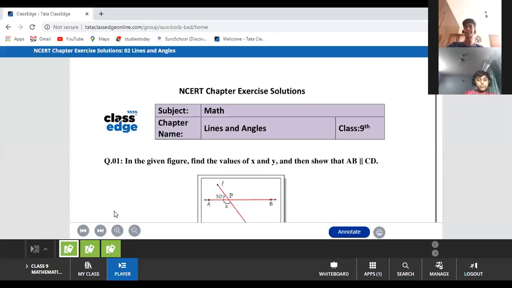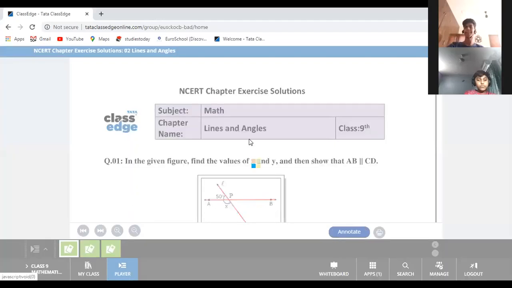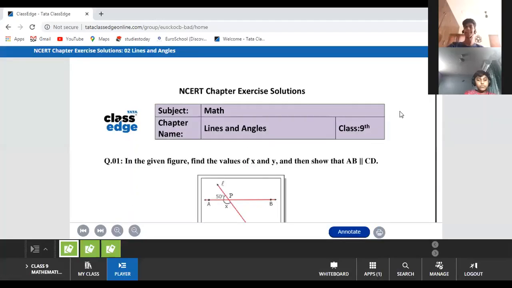Linear pair. But for that we need parallel lines? Corresponding angles? Co-interior angles. Yes, co-interior angles.